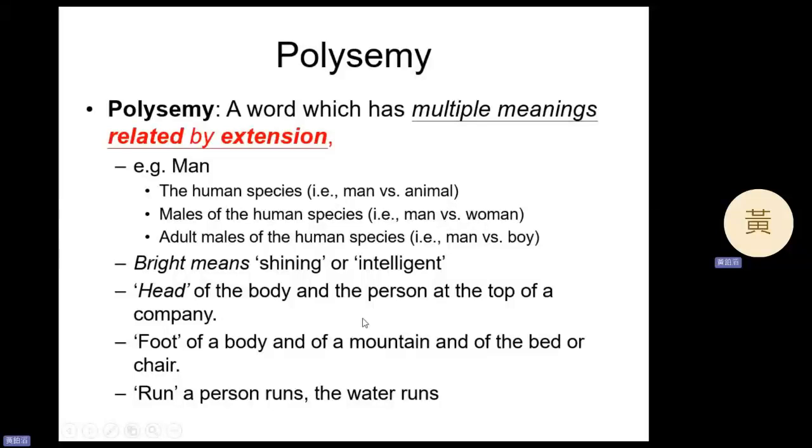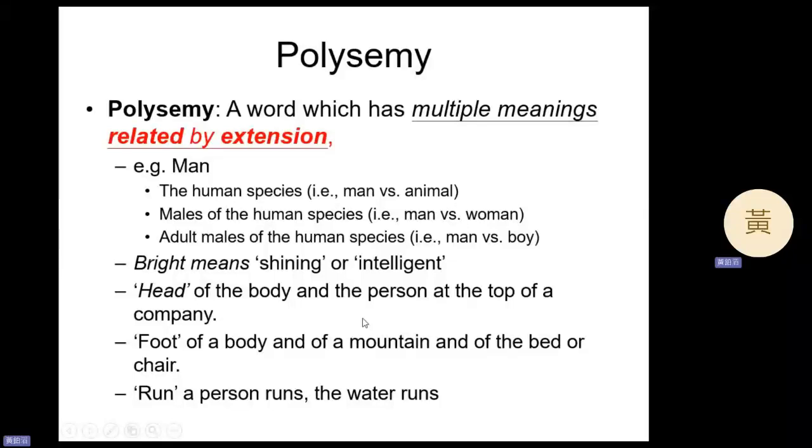And I'm the head of the house. What does that mean? I'm the head of my family, or you are the head of your family. What does the head mean? Actually, this word is strange because it's categorized under polysemy, but later I ask you to provide another example for the meronym.